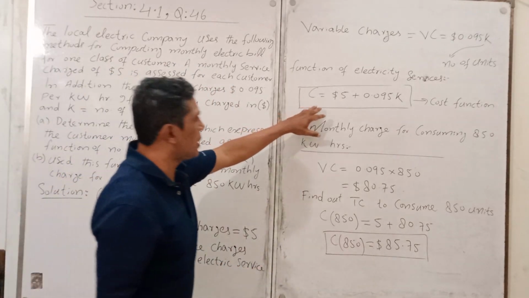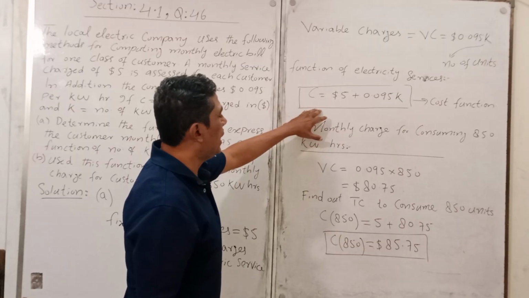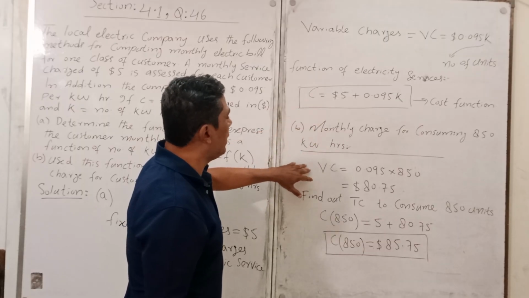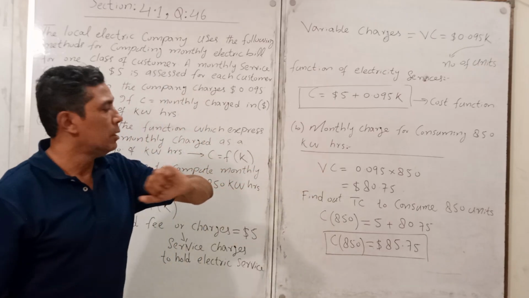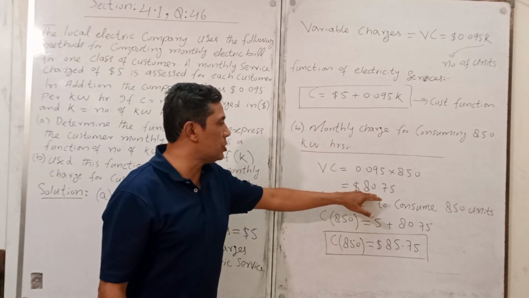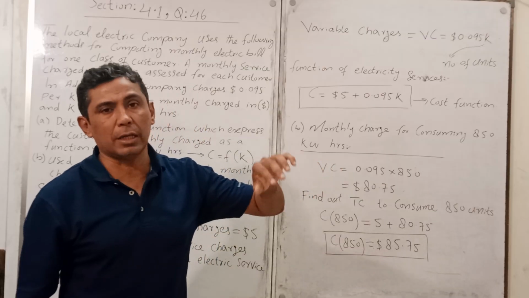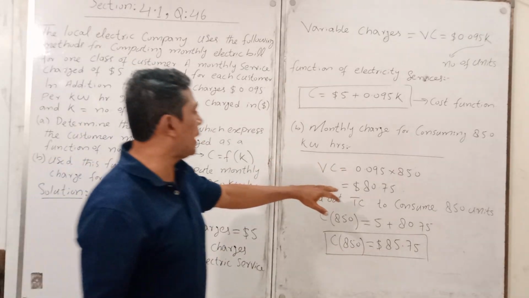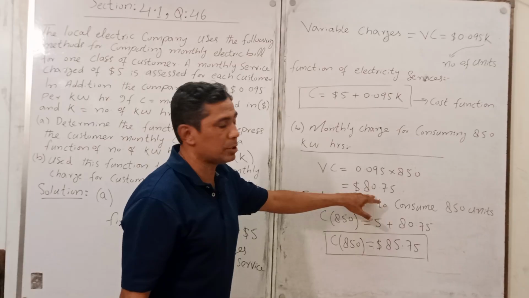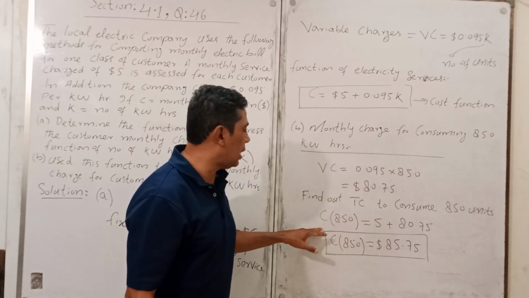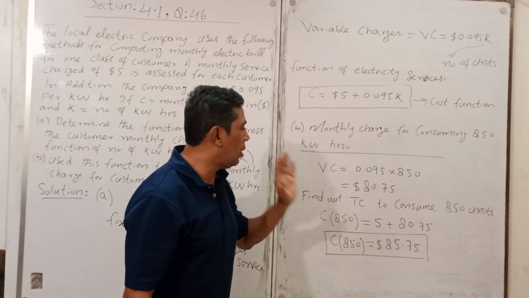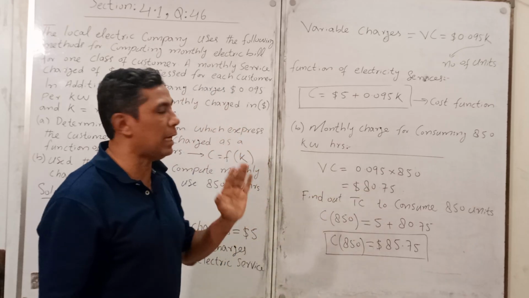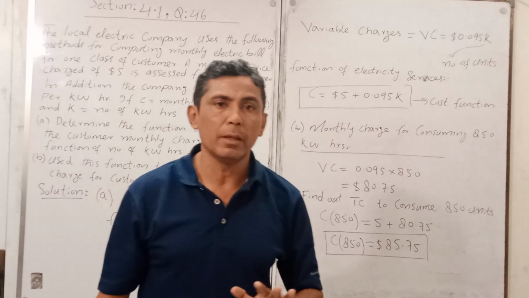Similarly, we separately calculated the variable cost to consume 850 kilowatt hours, and we calculated the total cost for these units. So now we have finally completed this question.